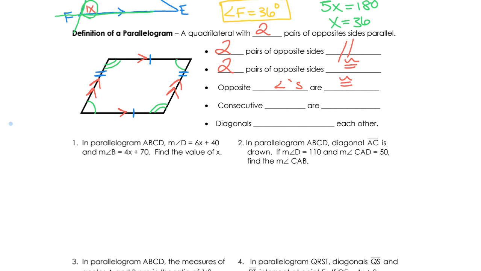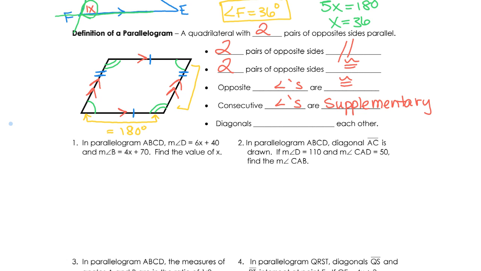It also has consecutive angles that are supplementary. So kind of like our warm-up, except because it has two pairs of parallel sides, every single set of consecutive angles will be supplementary. So these two will equal 180 degrees.